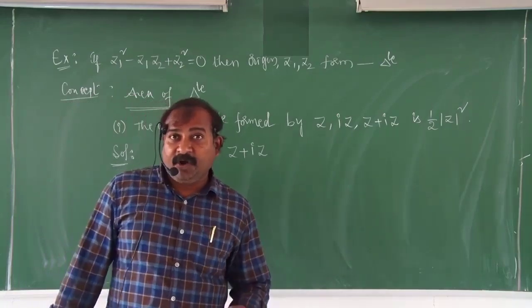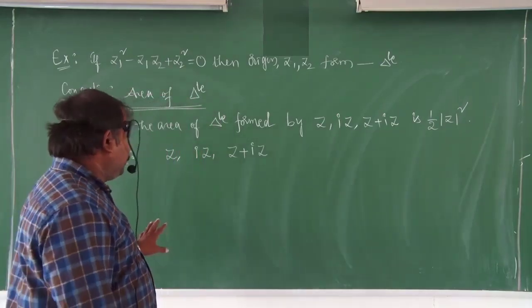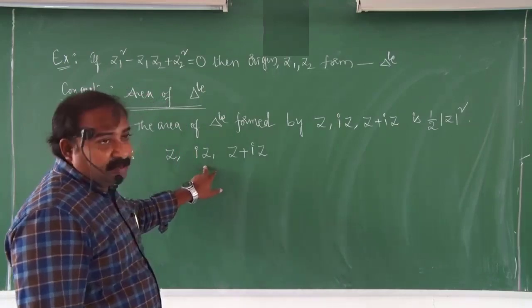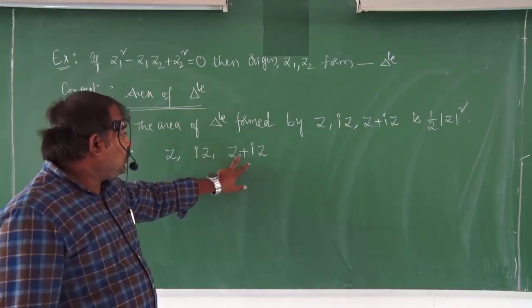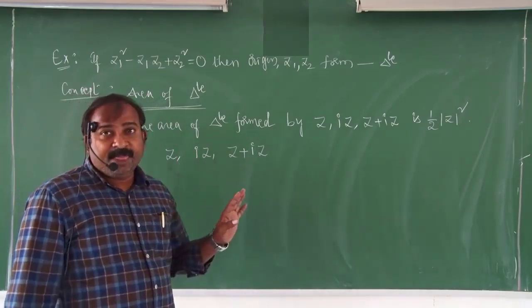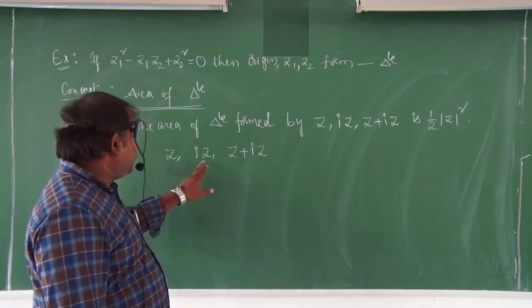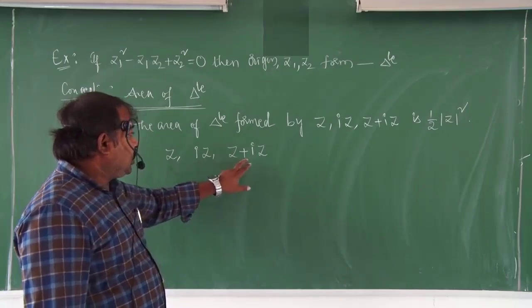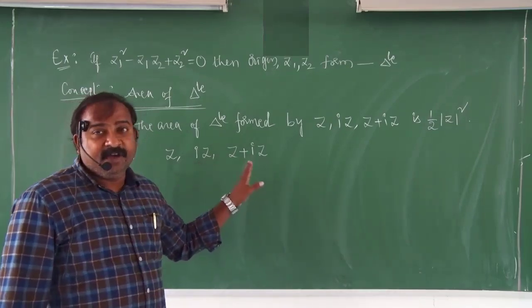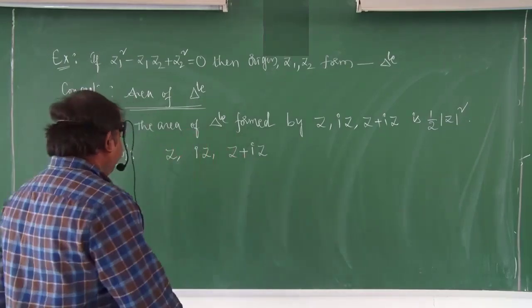I already gave that particular point. Same here also. If these are the two complex numbers, the third one is the addition of these two, z plus iz. If z is one complex number and iz is one complex number, here they are asking z plus iz, where will the complex number be? Listen, ma'am.